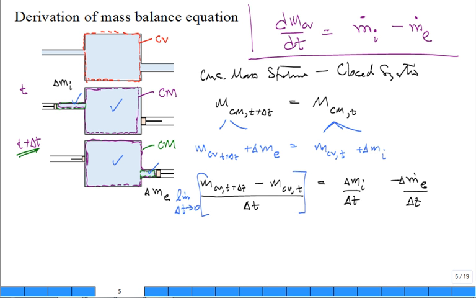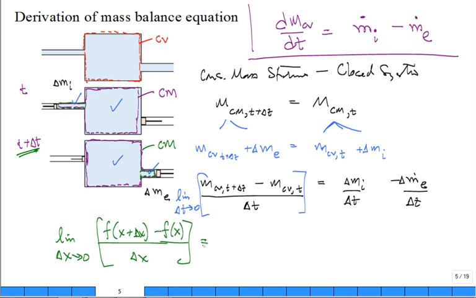You recall something from math class that said the limit as delta x goes to 0 of f of x plus delta x minus f of x, divided by delta x, that limit is equal to, by definition, the derivative df/dx. You don't need a whole four-hour class in Calculus 1.